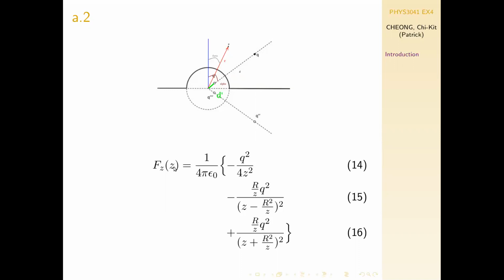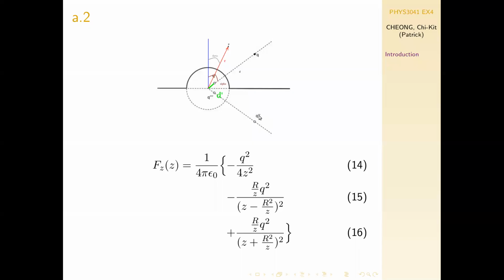And the only dependence is, of course, the location of point charge Q, which I denote as z, representing the distance between the origin and the point charge Q. So for the force from Q double prime, the distance between them is 2z, and then we need to square it, so it becomes 4z squared.